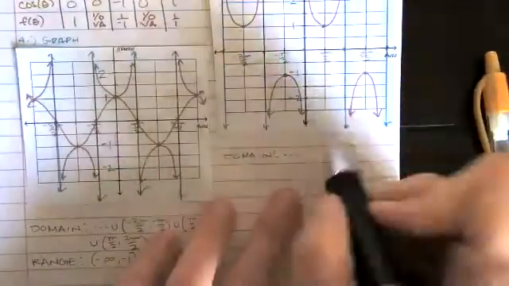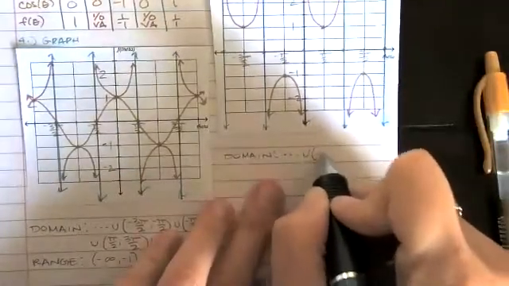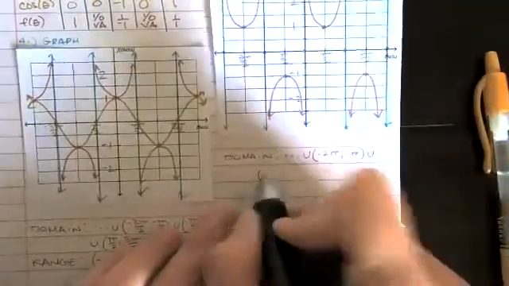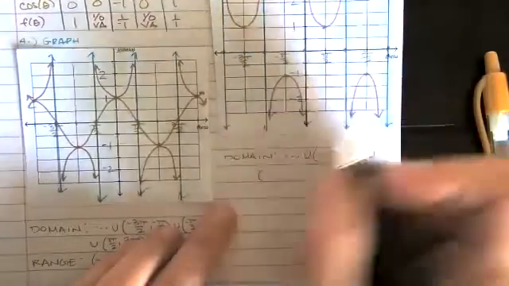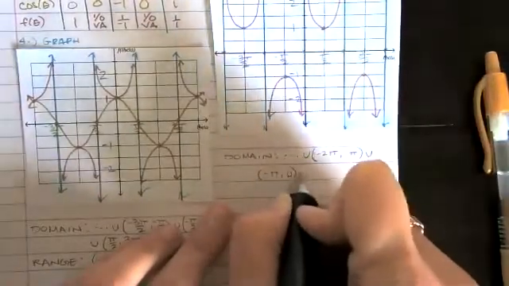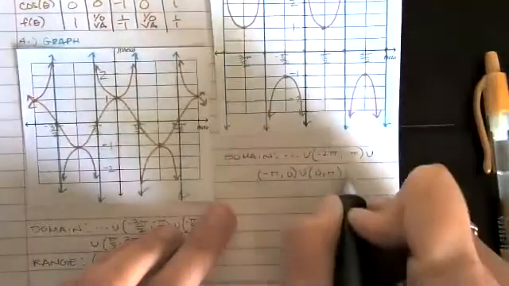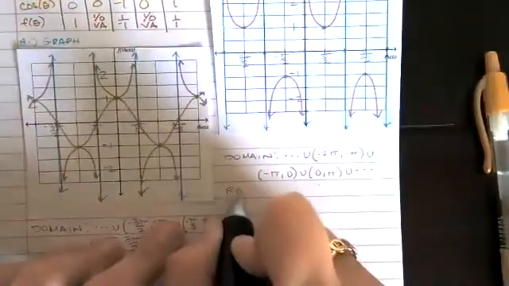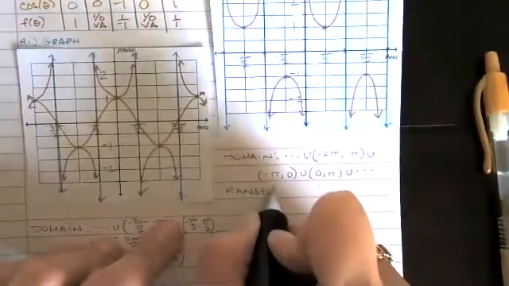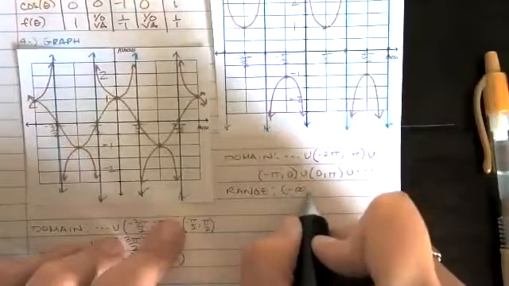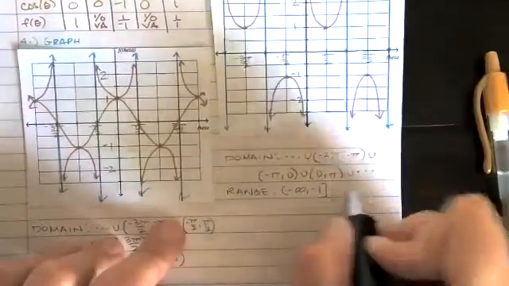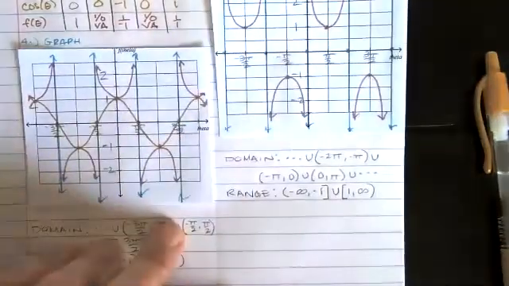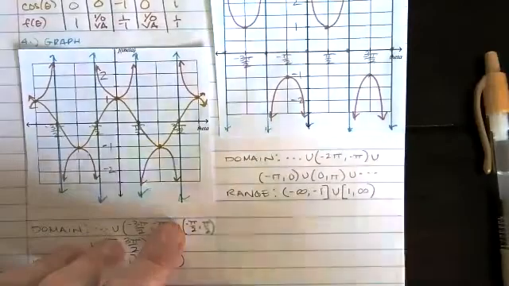We have negative 2 pi to negative pi, union, negative pi to 0, union, 0 to pi, union, dot, dot, dot. So that's our domain. And then the range just looks really intimidating. Negative infinity, comma, negative 1, bracket, union, bracket, 1 to infinity, parentheses. So that's that part.